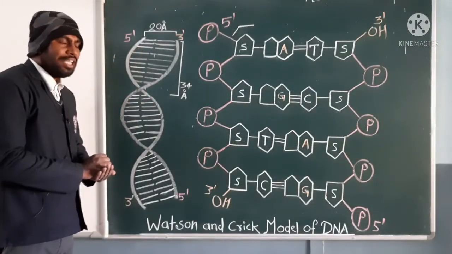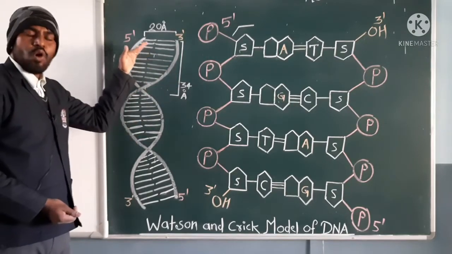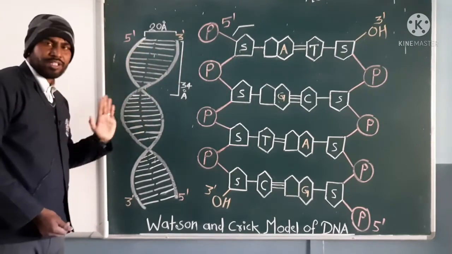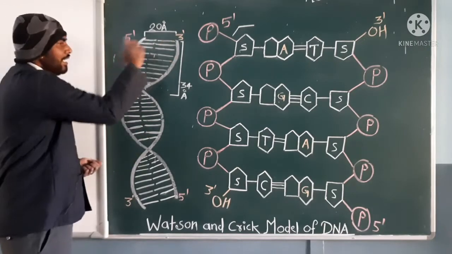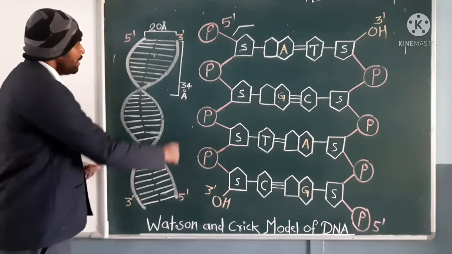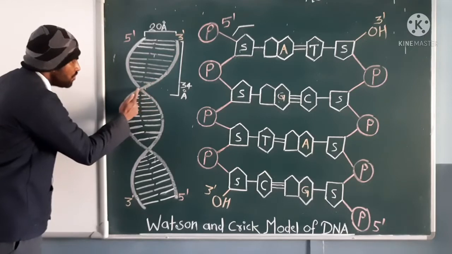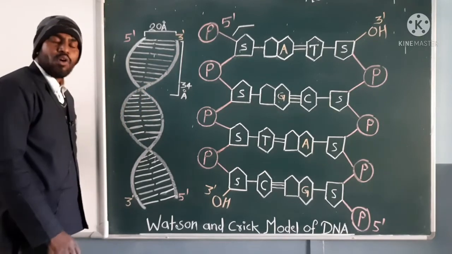Inside these two strands, the genes or nitrogenous bases are situated. The diameter of DNA is approximately 20 angstrom, and every 34 angstrom the DNA strand changes its curling or direction.